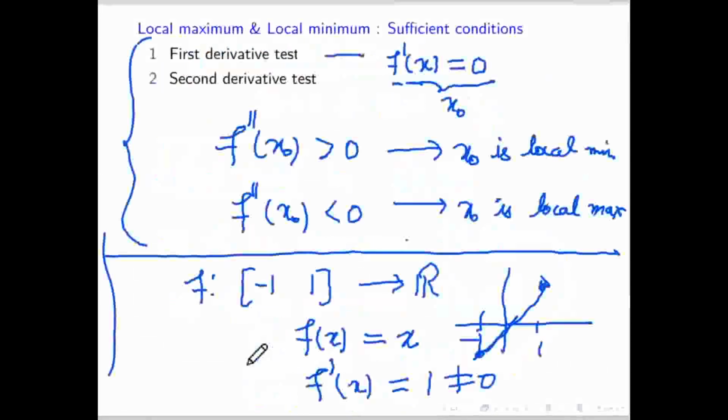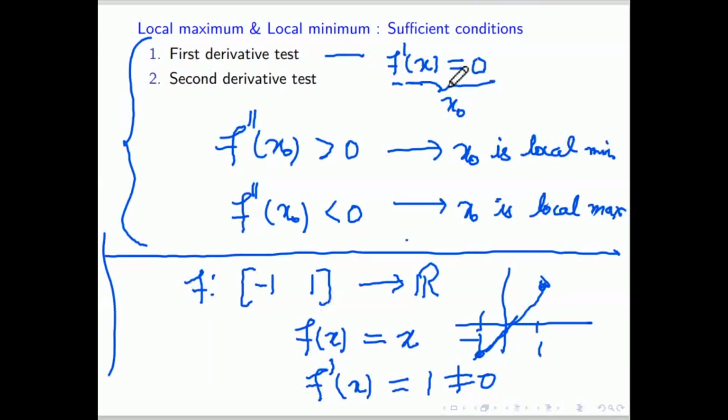Why does this fail for f(x) = x? It does not fail, it gives the correct information. The derivative being not equal to 0 says that there is no interior point from -1 to 1 where maxima or minima will occur, and that is correct. The maxima and minima occur at the boundary, not at any interior point.